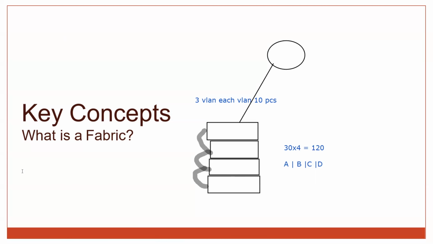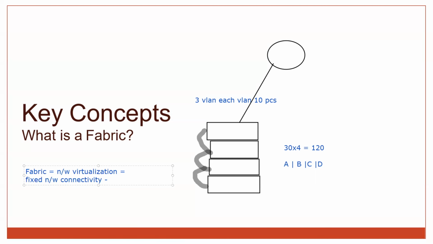No. Now let's understand this fabric. If you understand this, you will understand the fabric. So what is fabric? Fabric is network virtualization. That means you have some fixed network connectivity.